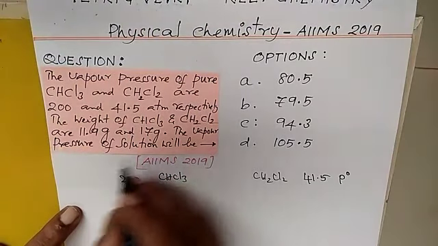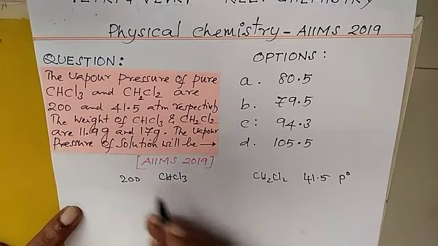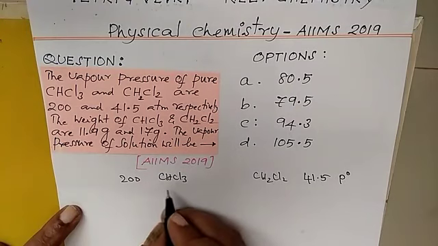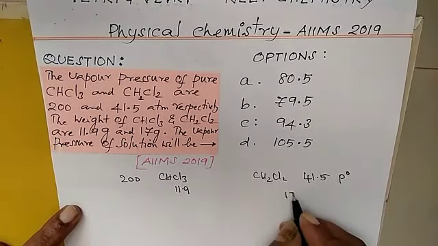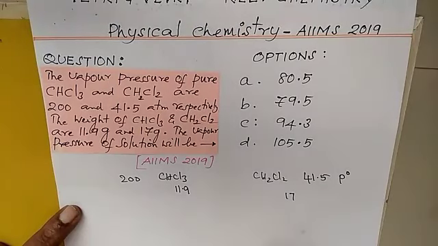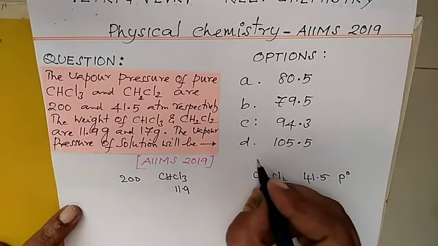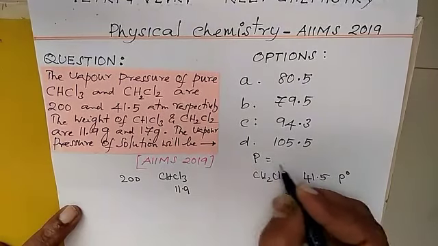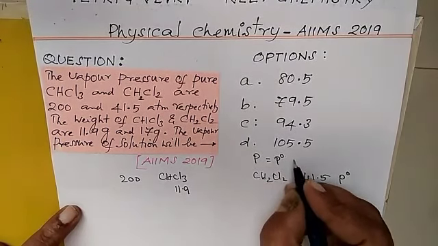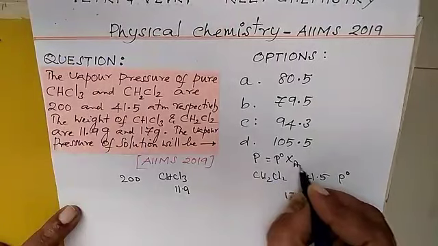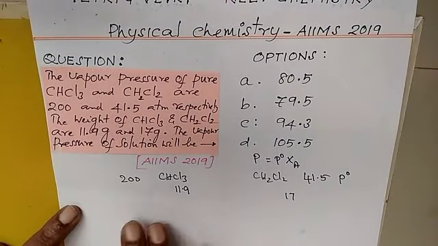The weight of this is 11.9 gram and here it is 17 gram. What is the formula? The pressure of the solution is equal to the vapor pressure of the pure solvent into the mole fraction. By adding these two, we can get the total pressure.